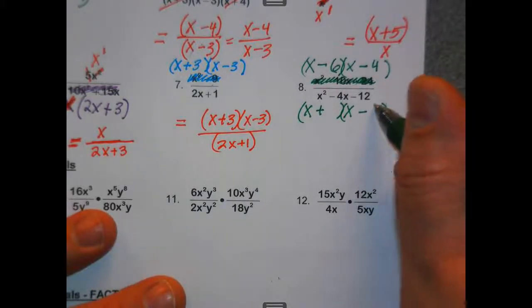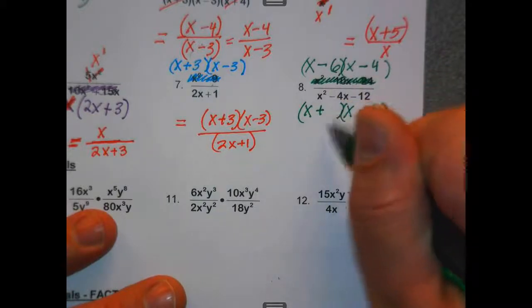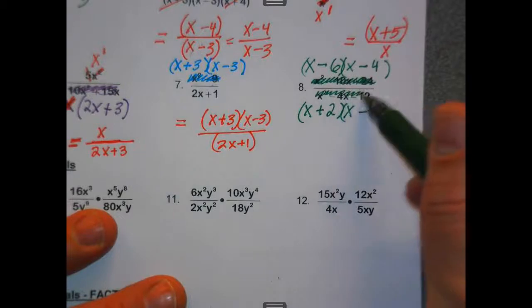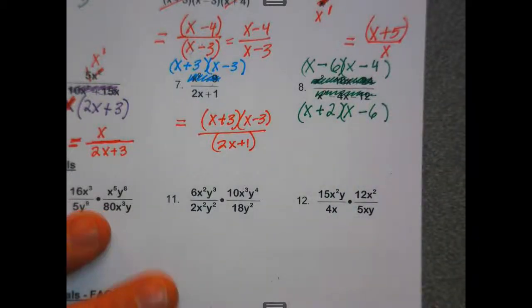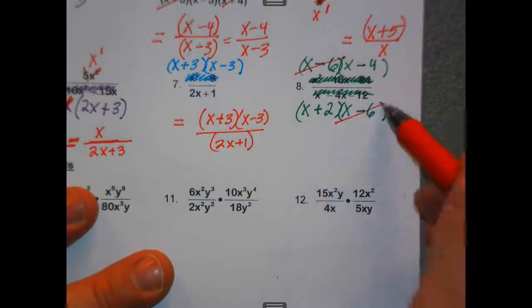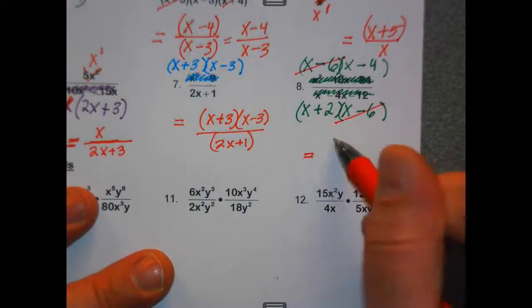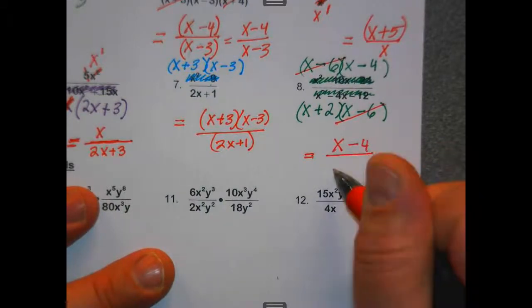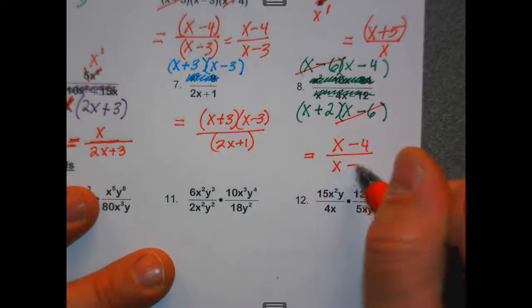Our 6 has to be negative because it's negative 4, positive 2. Okay, what can I cancel out? And I'm left with x minus 4 over x plus 2.